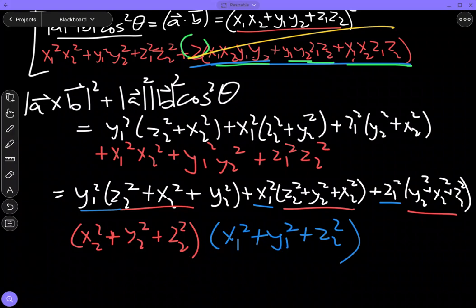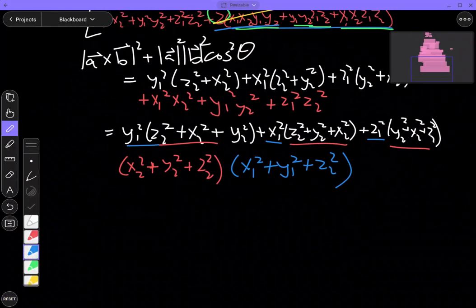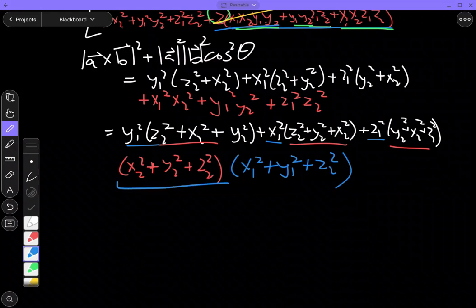And now this is very interesting because this looks just like a magnitude, but without the square root. So this is just the magnitude of our vector b squared. Remember that b is defined as x2, y2, z2. And this part looks like a magnitude without the square root, and it's just the magnitude of a squared, because vector a is defined as x1, y1, z1.